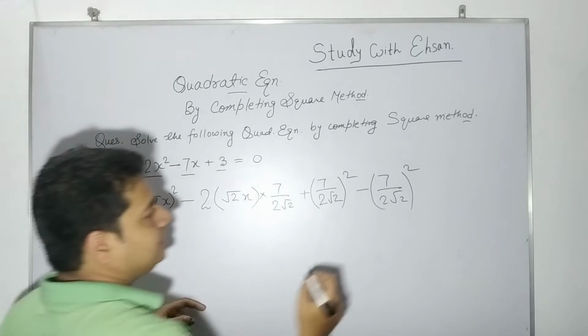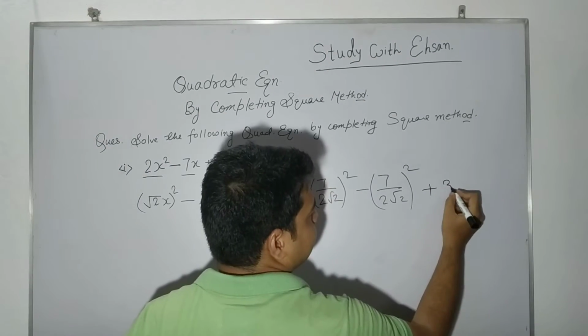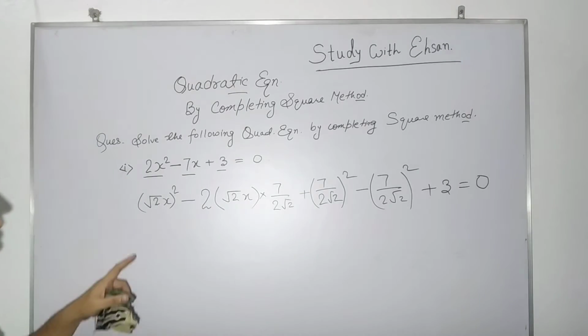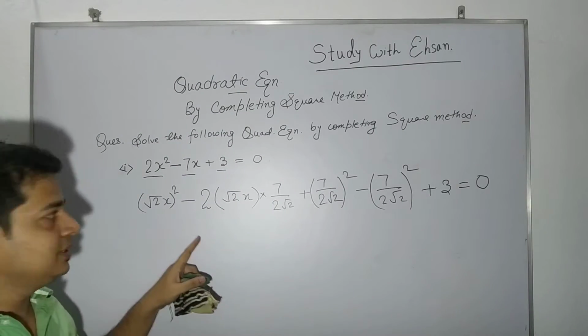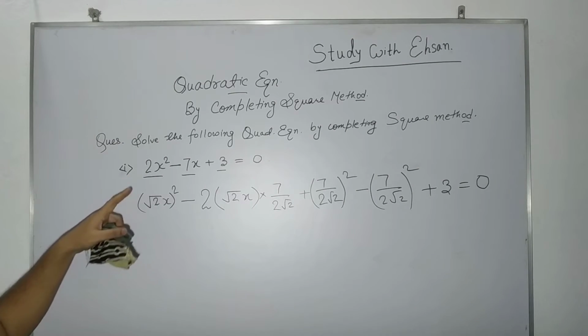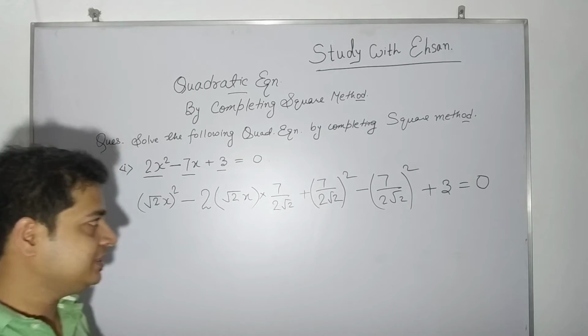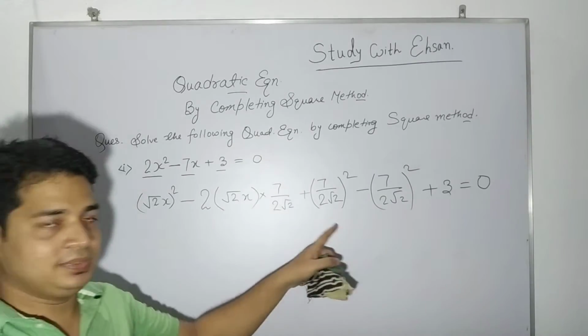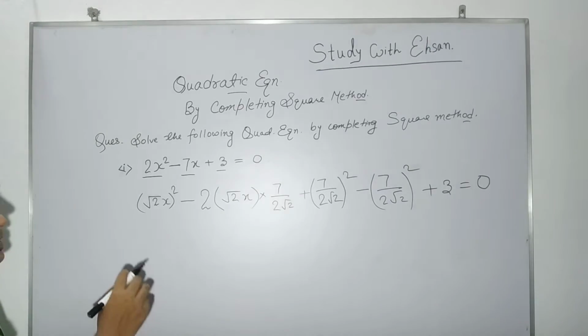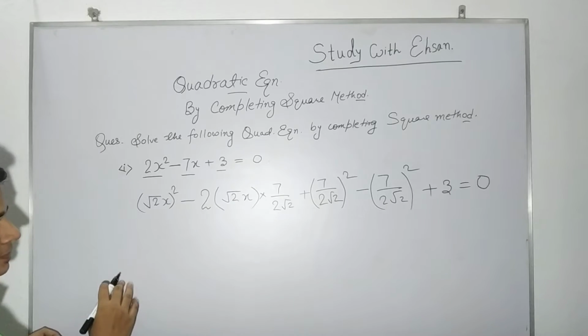We have to write the constant term as it was, plus 3 equal to 0. Students, this is the most important step for solving the given quadratic equation by completing square method. If you succeed to write this step successfully and correctly, then nothing remains after this step.